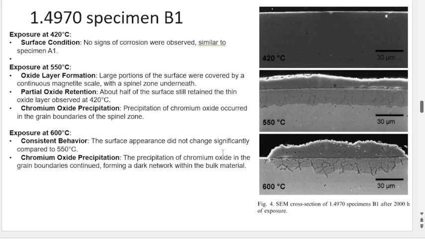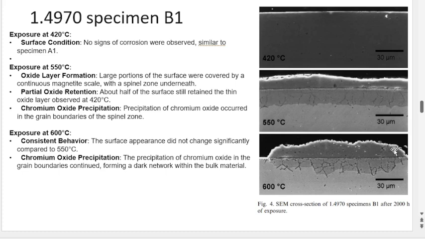At 600 degrees C, surface appearance did not change significantly in comparison to 550 degrees C. The precipitation of chromium oxide in the grain boundaries continued, forming a dark network.